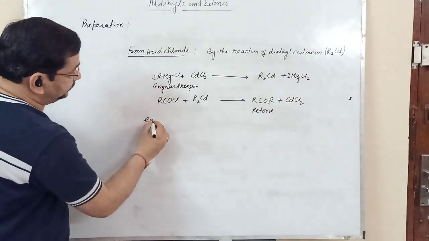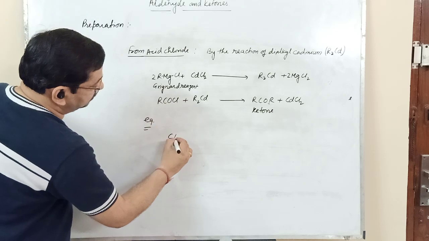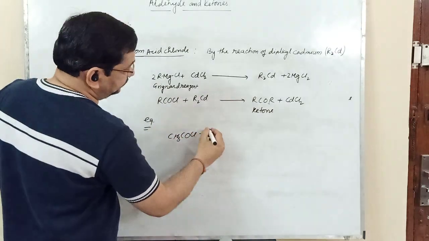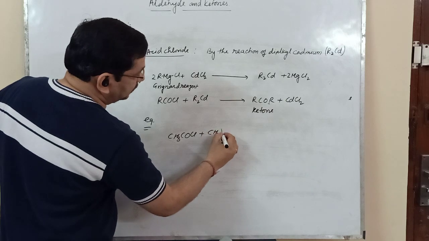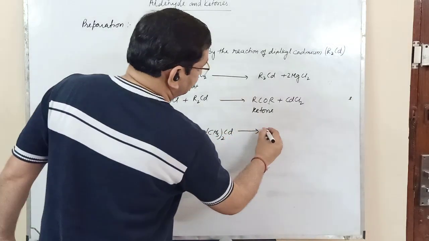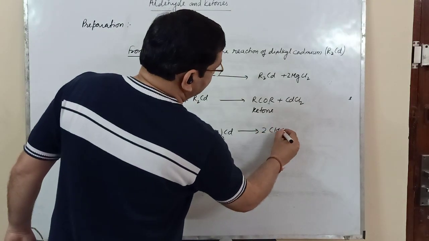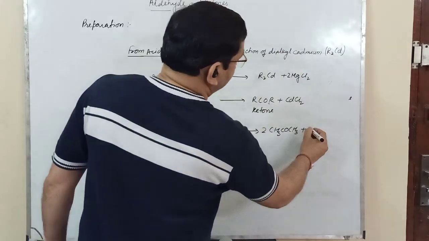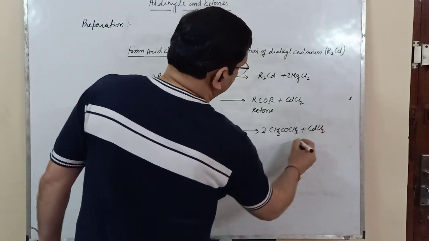For example, CH3COCl on reaction with (CH3)2Cd will give CH3COCH3, that is acetone, along with CdCl2.